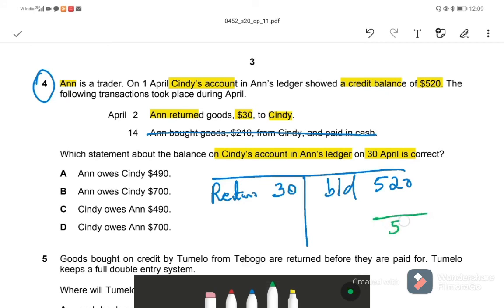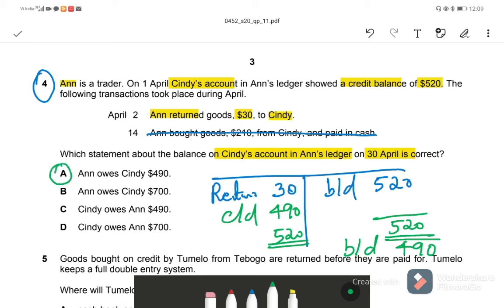Balance is 520 minus 30 is 490. Balance carried down 490, brought down 490. Here Anne owes to Cindy $490. So the correct answer is A.